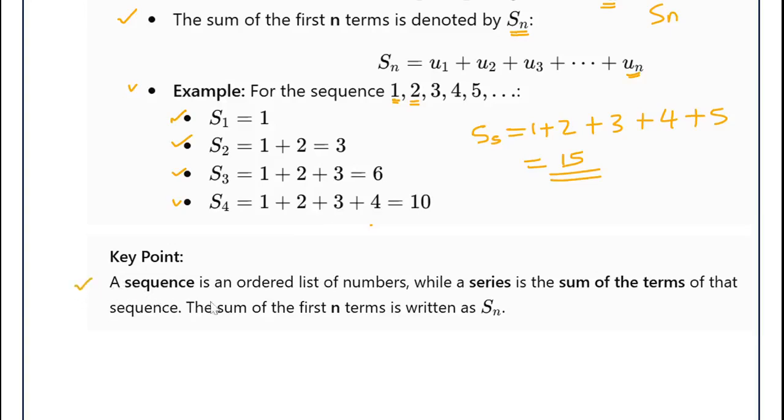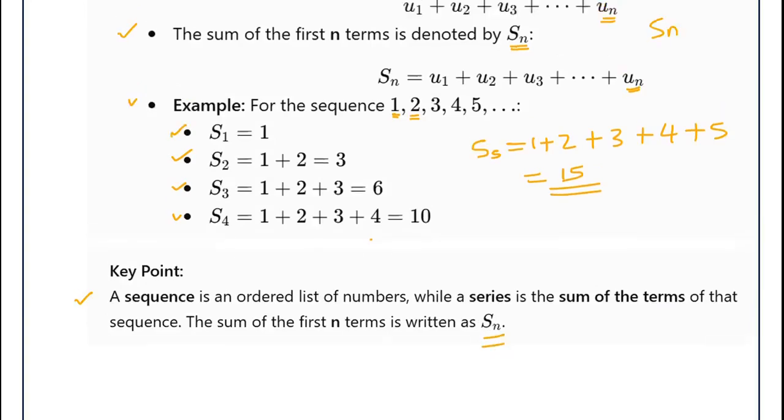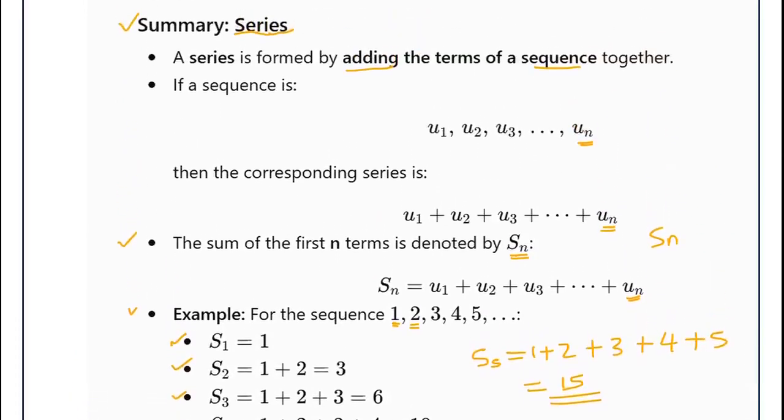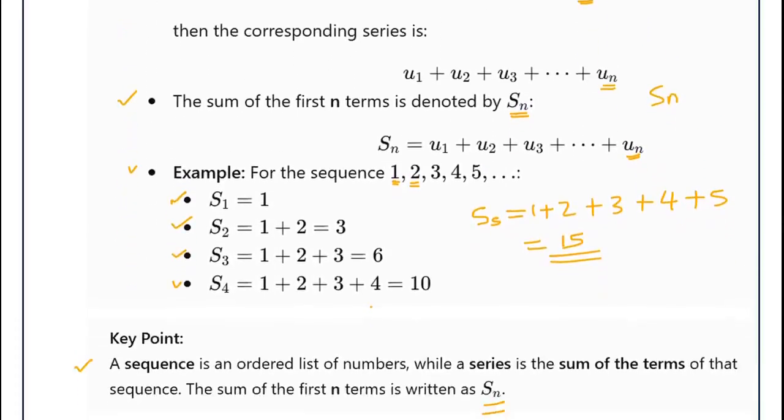We have said that a sequence is an ordered list of numbers, while a series is the sum of the terms of that sequence. As we have said, the sum of the first n terms is written as Sn. So that is the brief definition and examples and definition of terms that we need to know under series.